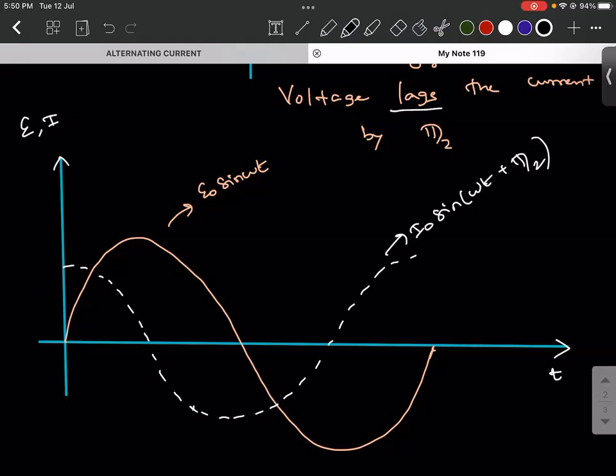Is it not the case? That is what we got mathematically in cos omega t. Cos omega t, we wrote it as sine of omega t plus pi by 2. So if I join it, this is how the shape is going to be.